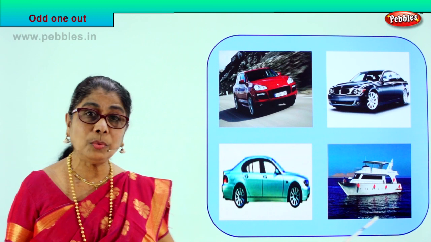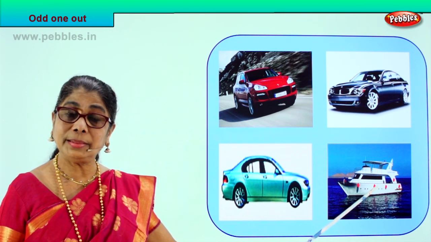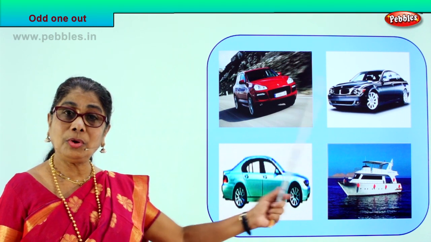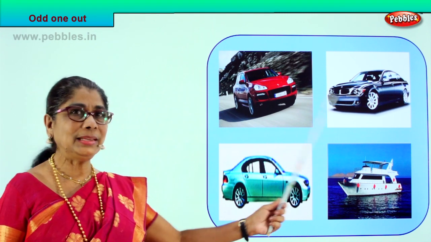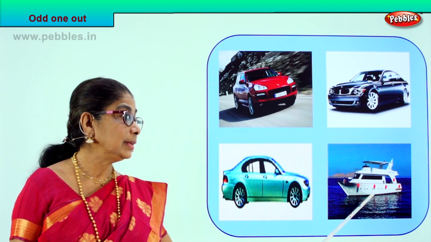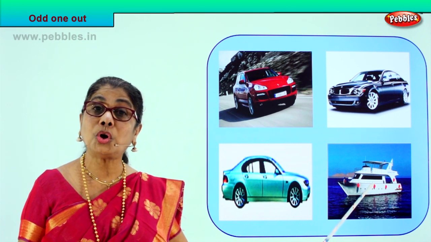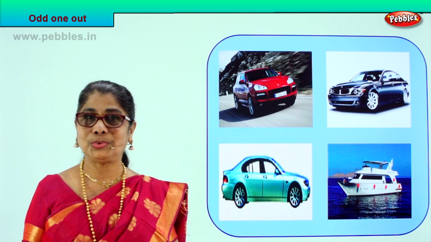Now what is this? Beautiful. Going in the water. It's a lovely little boat. You can travel in the boat. All are vehicles. Yes? What's the difference here? These 3 are cars. They move on the road. This is a boat which goes on the water. So this is the odd one out.